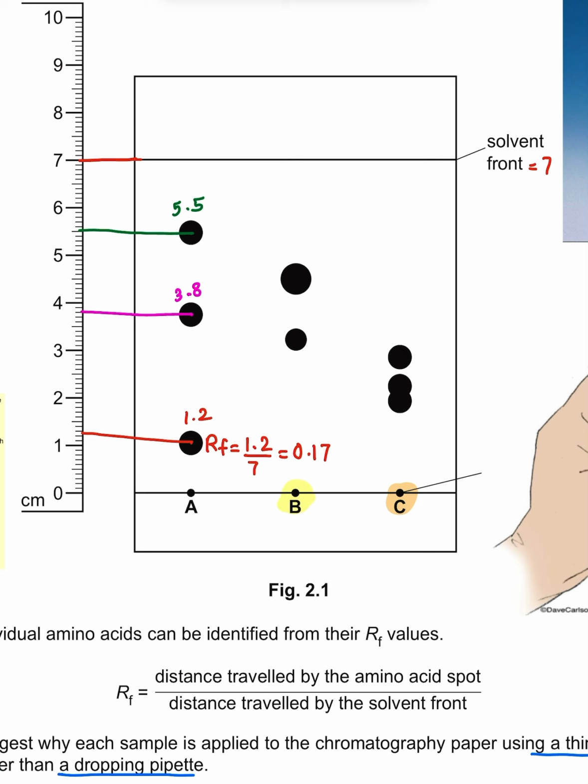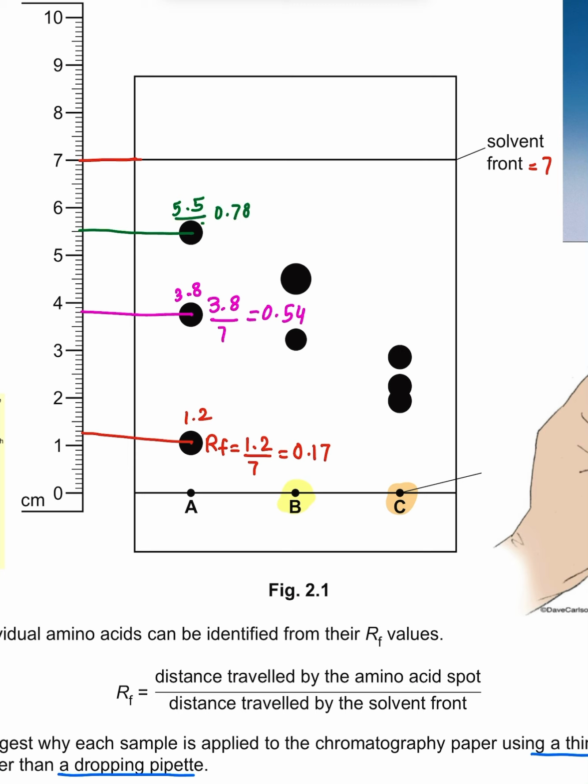Likewise, I have the next one, which is 3.8 divided by 7, equal to 0.54. And then the last one is 5.5 divided by 7, which is equal to 0.78.